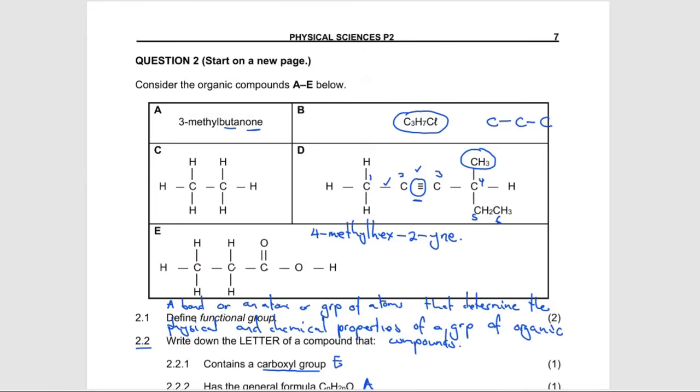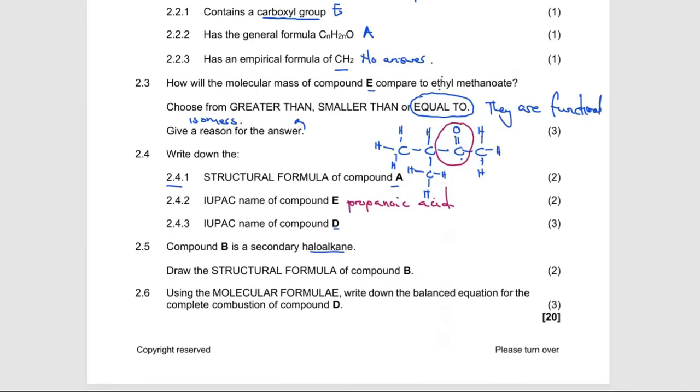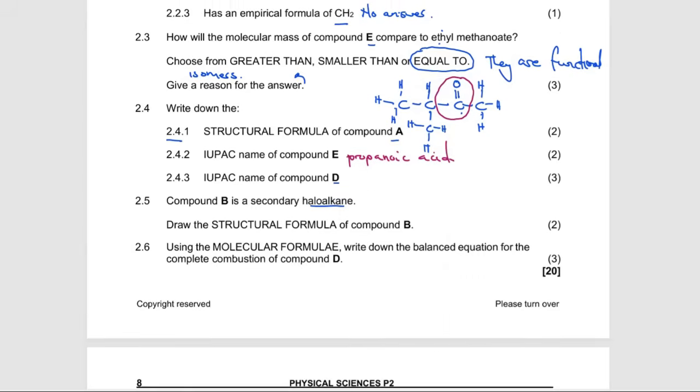Now to formulate a secondary haloalkane, my chlorine, which is my Cl, is supposed to be bonded to this carbon, and this carbon should be bonded to 2 other carbons, which are going to be these ones. Then after that, I'm going to add the hydrogens, because remember your carbon should always bond 4 times like that. So it's going to be H and H there, and at the top an H, and then another one there and H. So that's how we write down the structural formula of compound B, right?